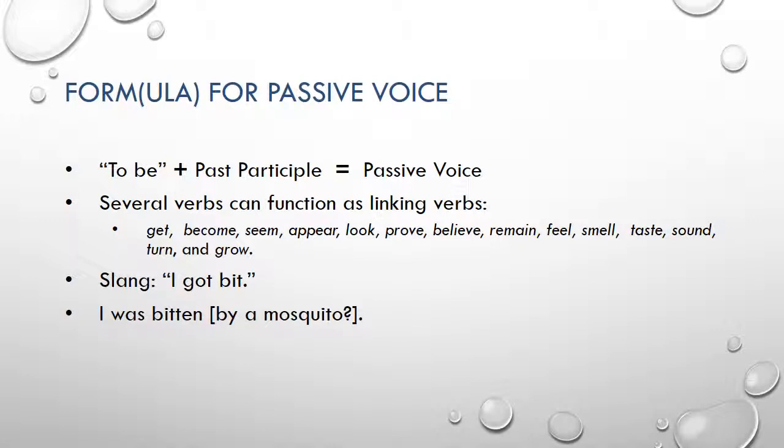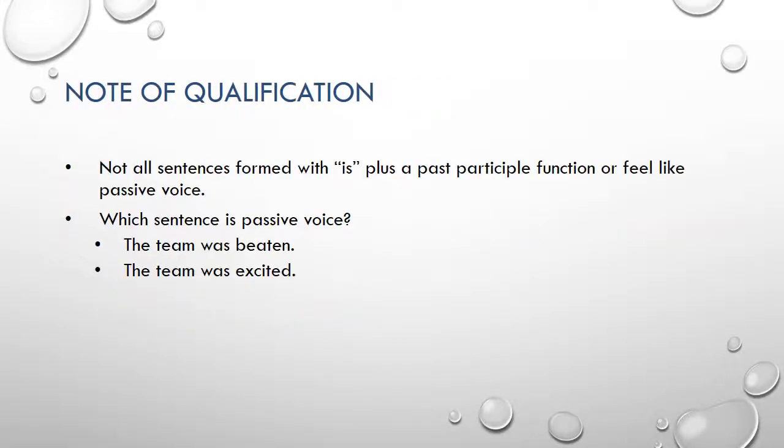For example, the slang "I got bit," and many of my southern friends use that expression, and I'm still their friend. Or one could say "I was bitten," okay, possibly by a mosquito. And these are instances of passive voice, both with got and with the to be verb was.